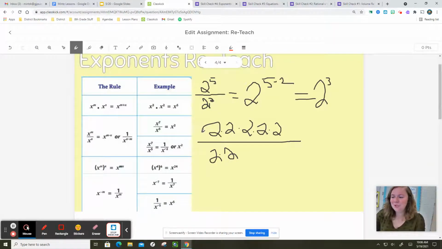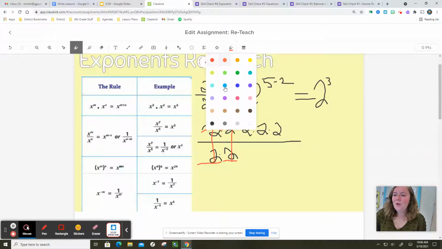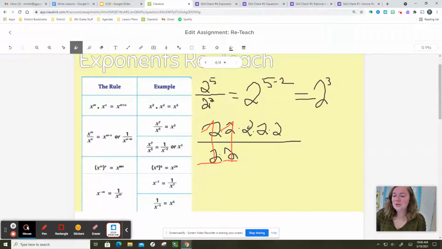What's 2 divided by 2? Well, that's just 1. And what's 2 divided by 2? Again, that's 1. And now any number times 1 is just itself, right? So all that we are left with is 2 times itself 3 times. Hey, guess what? That's 2 to the 3rd. We got it.